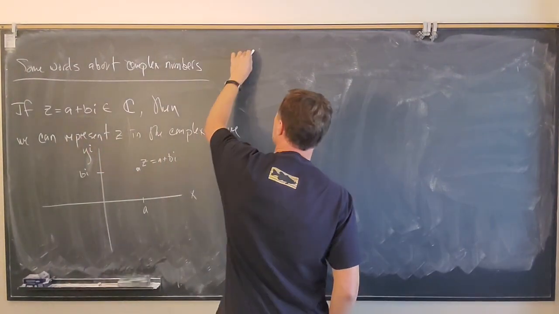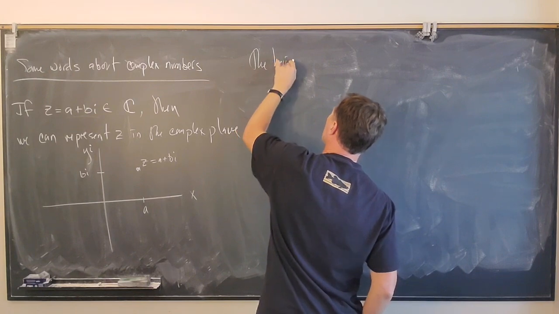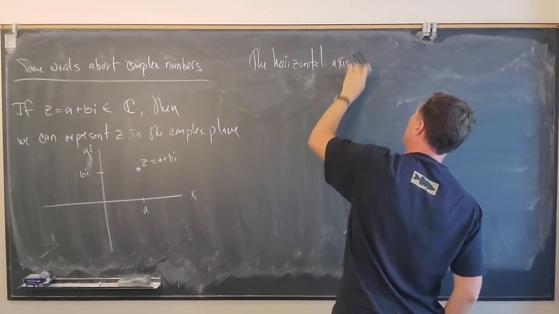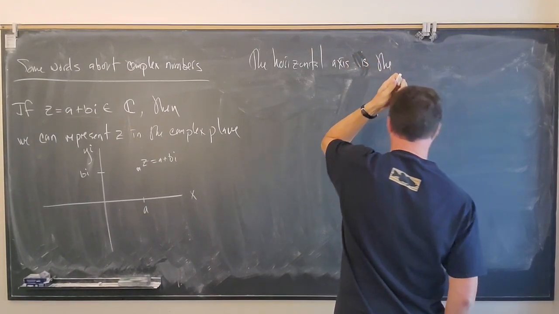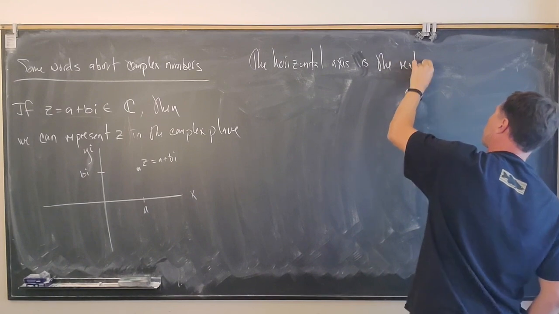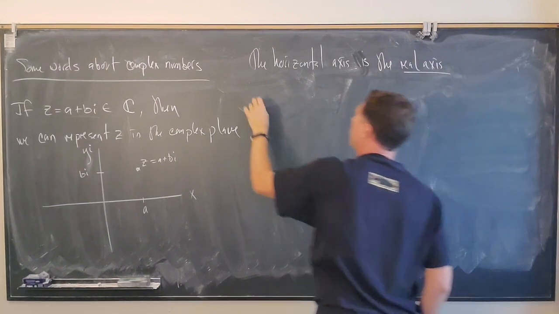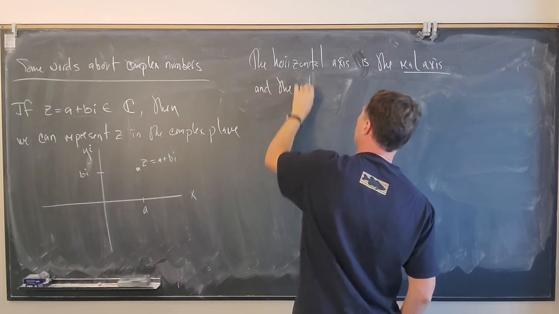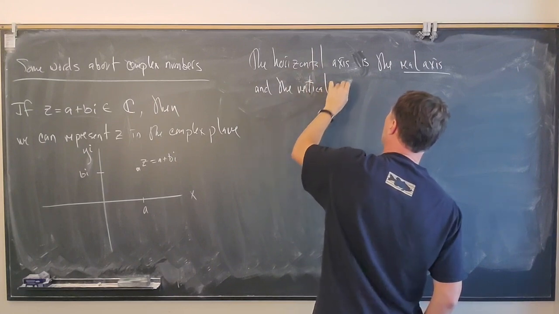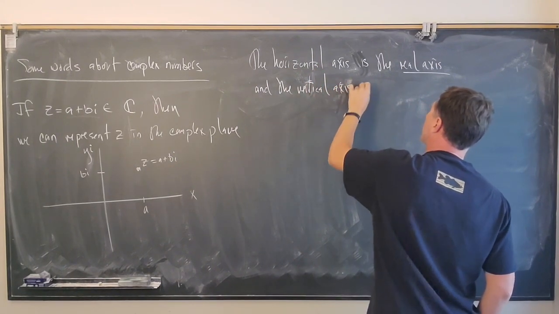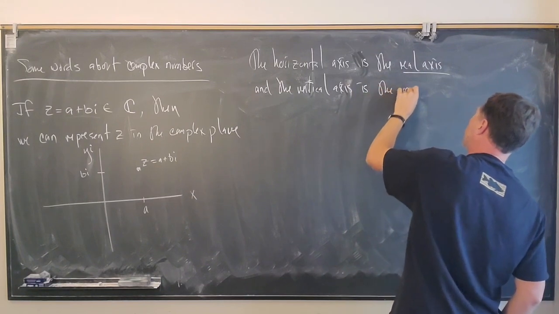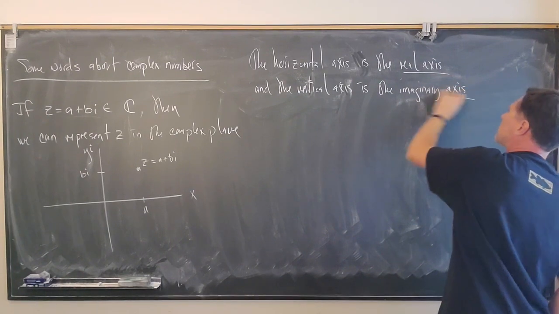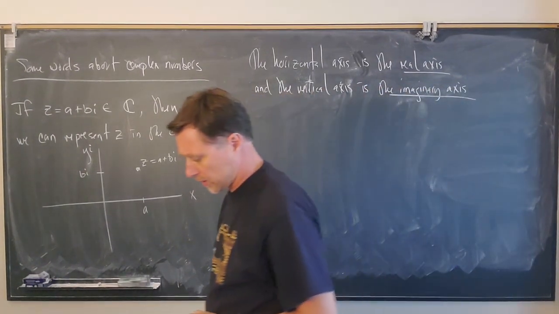Let's just say the horizontal axis is called the real axis, and the vertical axis is the imaginary axis. So this just gives us a way to picture all the complex numbers.